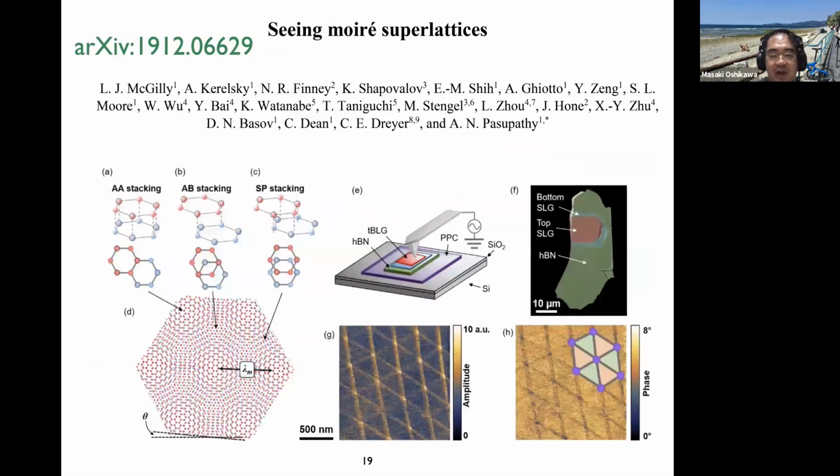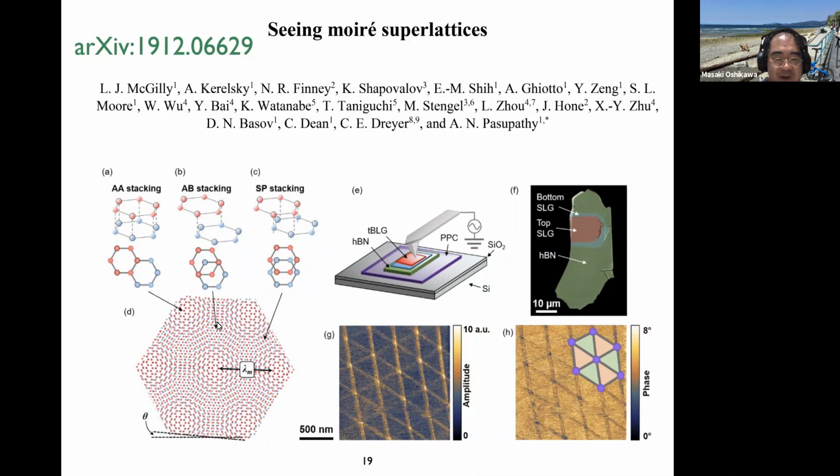Okay. So this is our motivation to consider a network model, but this kind of network seems to be more widespread. Probably many of you are working on twisted bilayer graphene or related moire superlattice structures. I'm not an expert on this subject, but in twisted bilayer graphene, the stacking pattern between two graphene layers can be classified like these patterns.